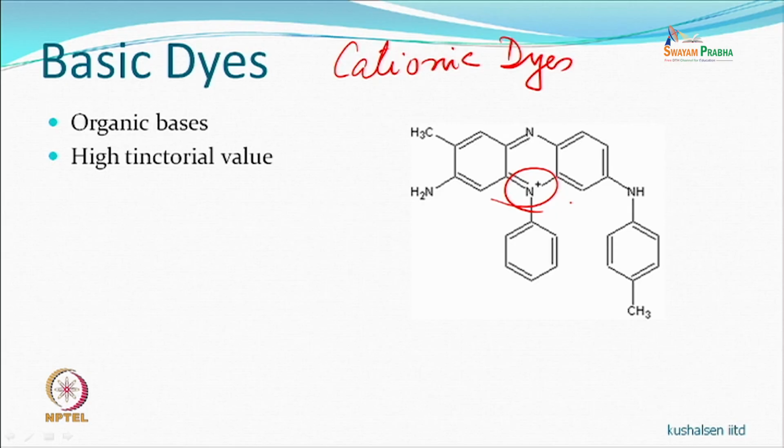Interestingly, because of their structures, the one which has been shown is a triphenyl methane based cationic dye, with high tinctorial value. High tinctorial value generally means they can absorb radiation from the ultraviolet region and also radiate out in the visible region. So actually they appear more brilliant than other dyes. That's the way the structure is, and so you love those colors in general.